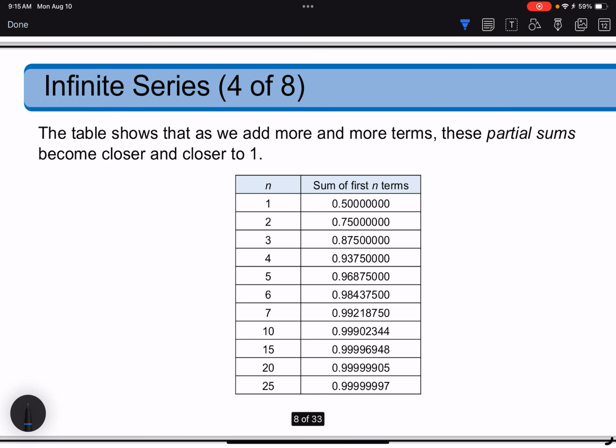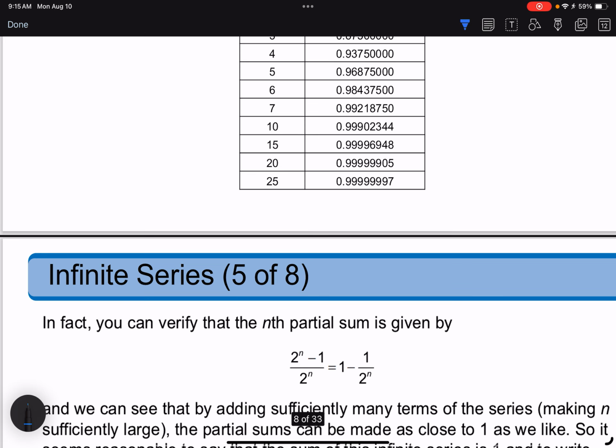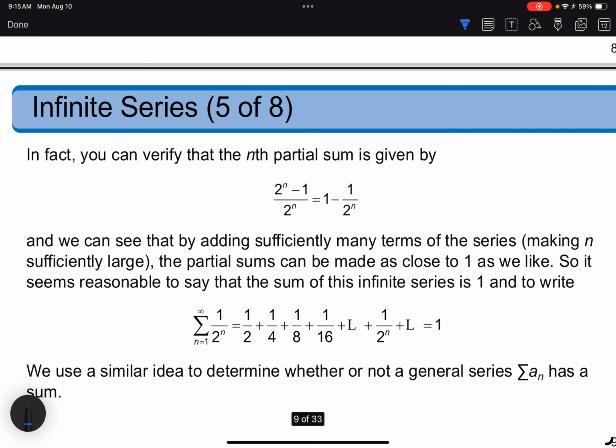The table of sums shows that as we add more and more terms, these partial sums become closer and closer to 1. So as n becomes 25, it would be 0.99999997, approximately equal to 1.